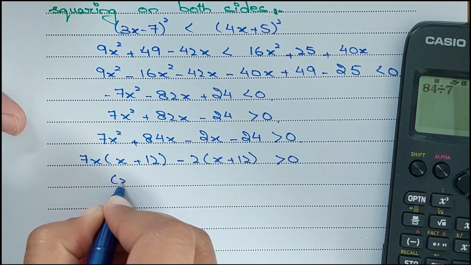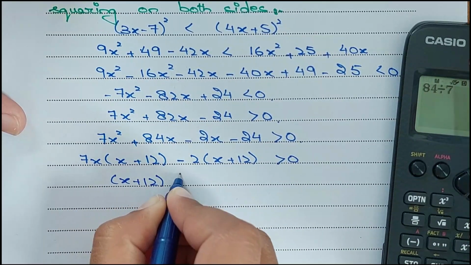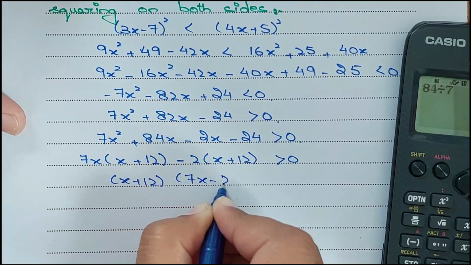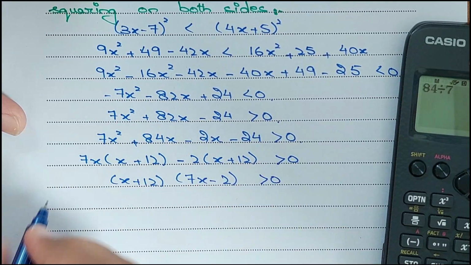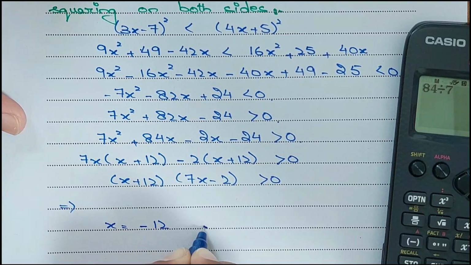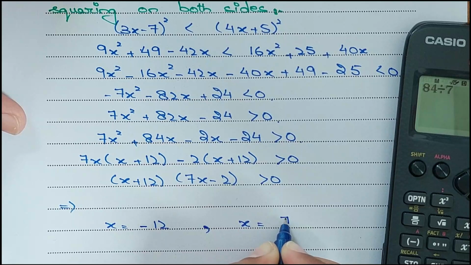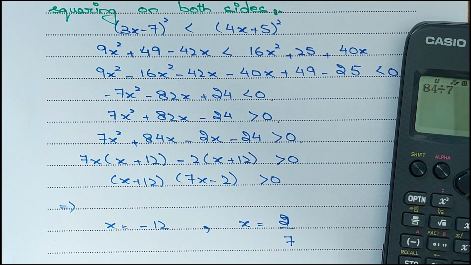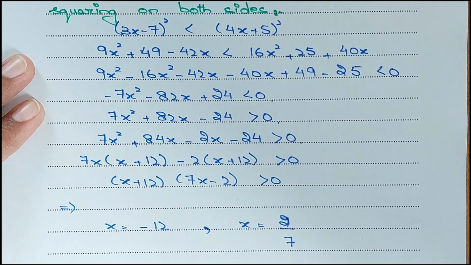So the factors are (x + 12) and (7x - 2), and this is greater than 0. From here x equals negative 12 and x equals 2/7. These are the two roots. Now we have to check when this is greater than 0.